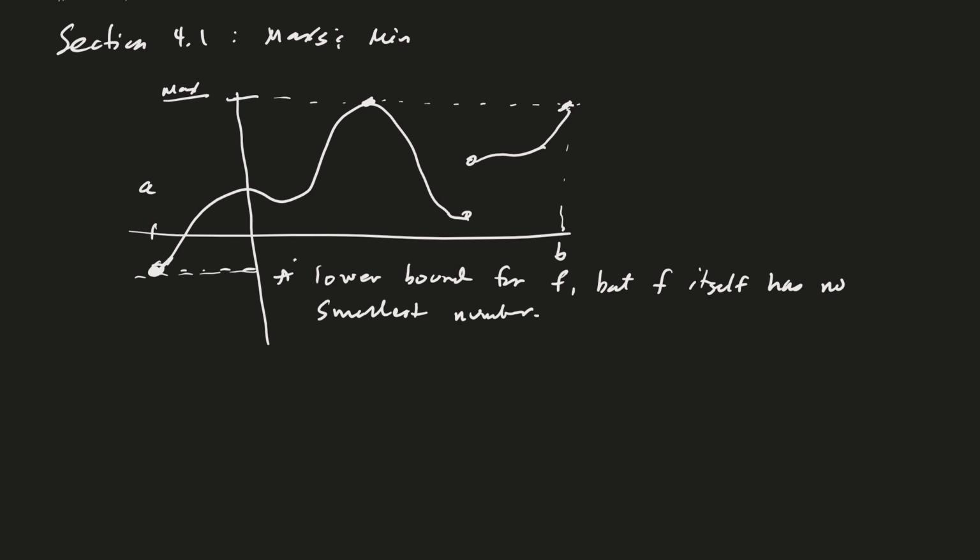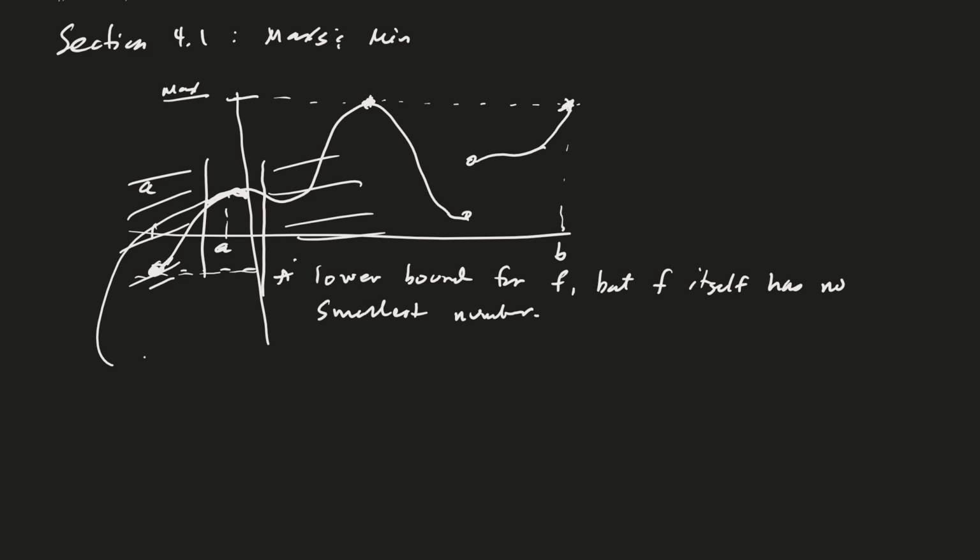If you look at this picture, this was the max, but if I hadn't drawn the entire curve, if I had only looked at the curve from here to here and erased everything else, right, then it looks like there is a point here, like the point at a here. If I blow this up, let me move the axes.